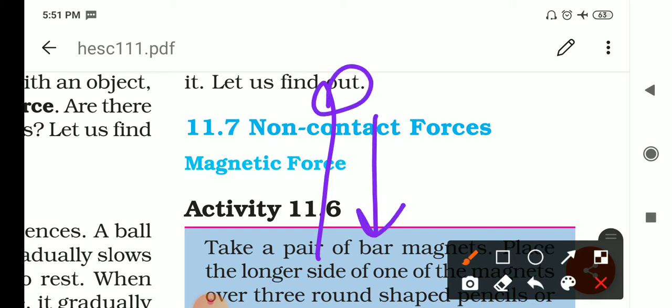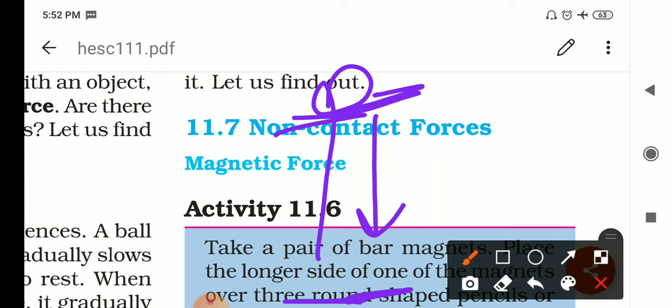It is the gravitational force. There is no contact between this ball and the surface which is applying the force. Even though they are not in direct contact, still the force is attracting this ball. Something is attracting this ball downward.